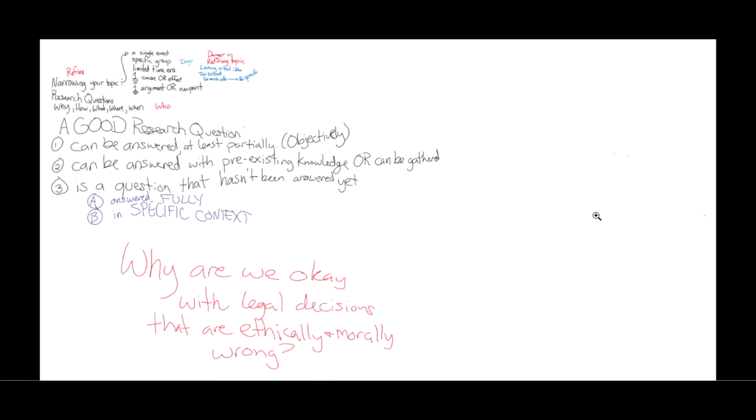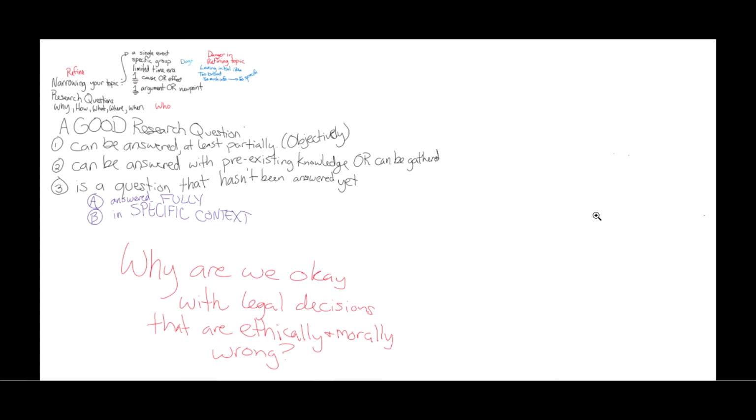Number 2, it can be answered with pre-existing knowledge or can be gathered. We're not asking what if questions. We're not asking, what if the dinosaurs didn't get wiped out? Well, we can't answer that because there's no pre-existing knowledge of how dinosaurs live in the modern setting.